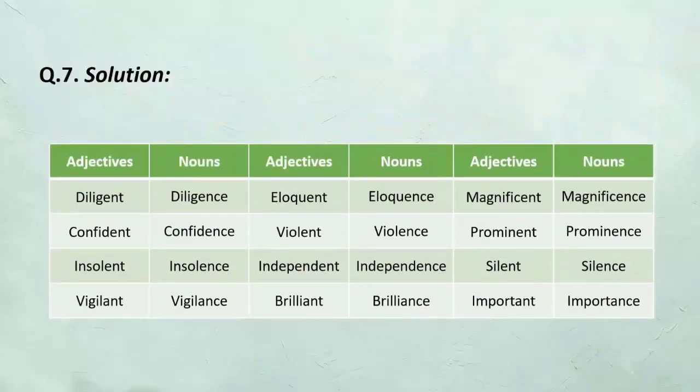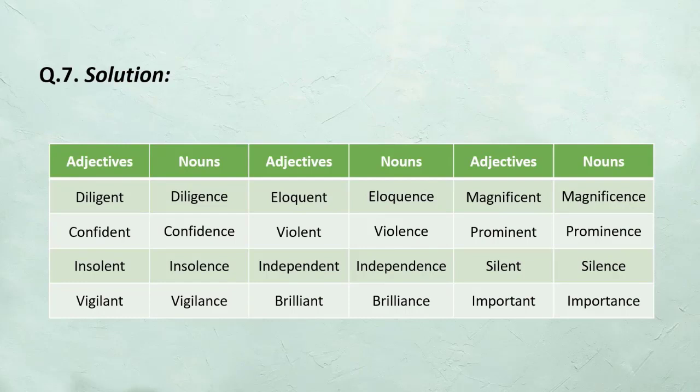Now we have also the solution, or nouns of these adjectives by using the CE suffix. So the first one is diligent, that becomes diligence. Confident becomes confidence. You can see we are just eliminating T or replacing T with the CE suffix.